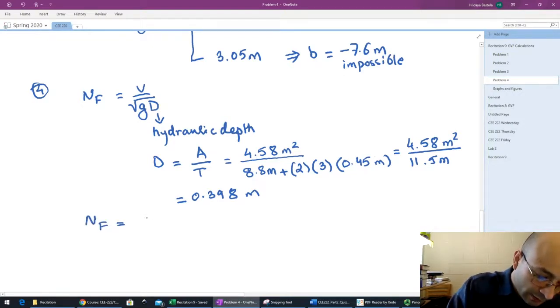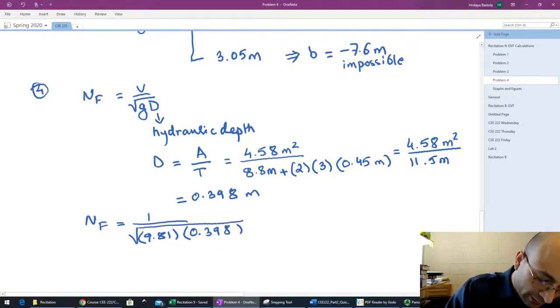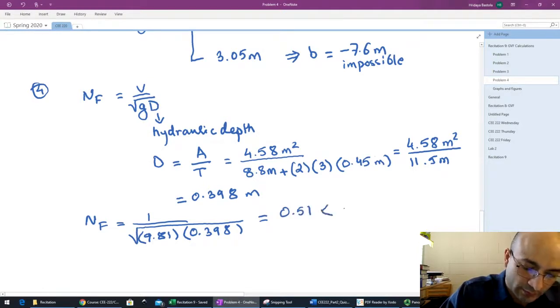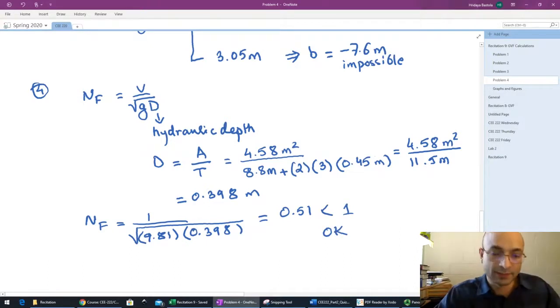So velocity over square root of 9.81 for acceleration due to gravity, times 0.398 for hydraulic depth. This will give us a Froude number of 0.51. This is less than 1, so our design is okay.